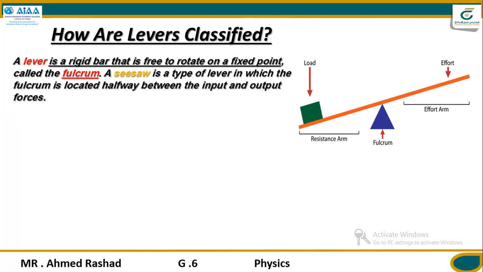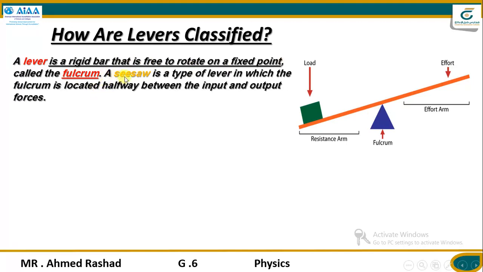The fulcrum is the fixed point, or pivot point, in the lever. Again, a lever is a rigid bar that is free to rotate on a fixed point. We call it the fulcrum.